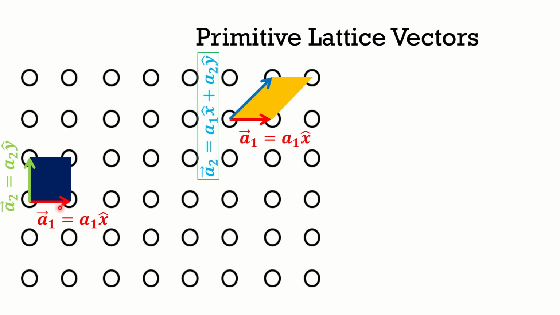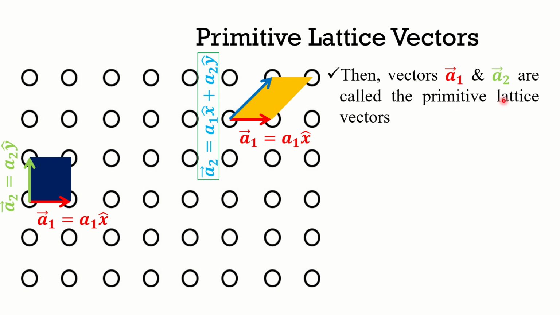Now, this choice of primitive lattice vectors depends on the choice of unit cell. For example, for this one, I have a1 equal to a1 x cap, a2 equal to a2 y cap. However, for this, my a1 is a1 x cap, but you can see a2, and a2 is equal to a1 plus a2 y cap.